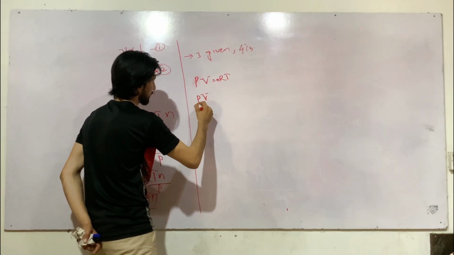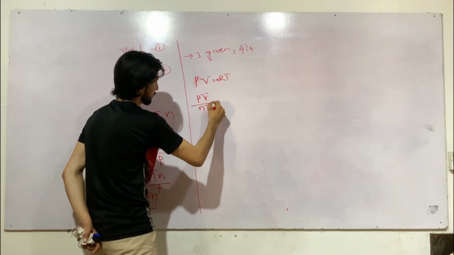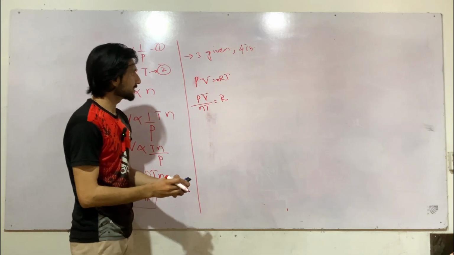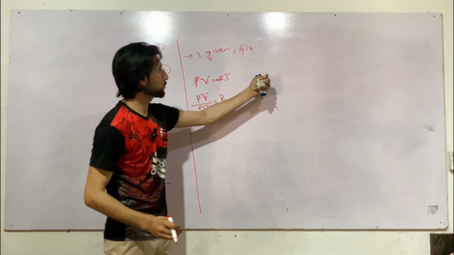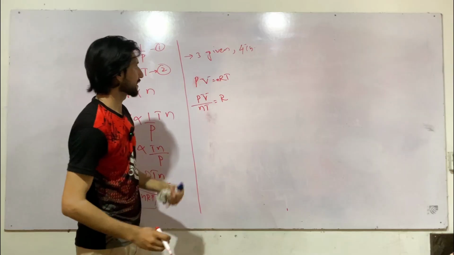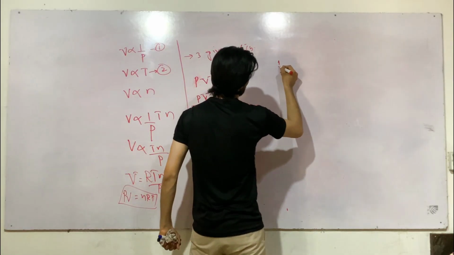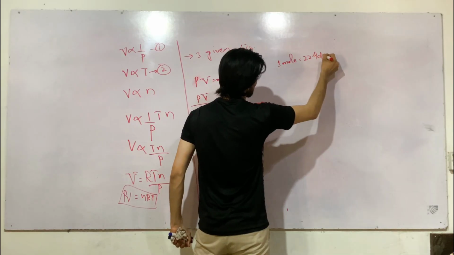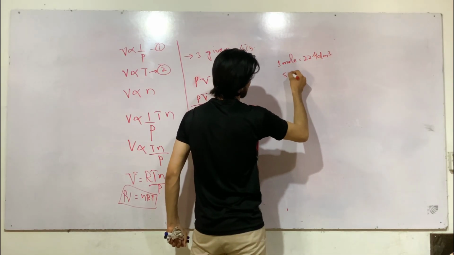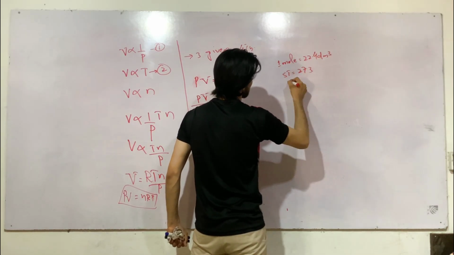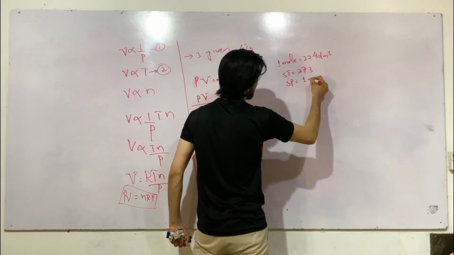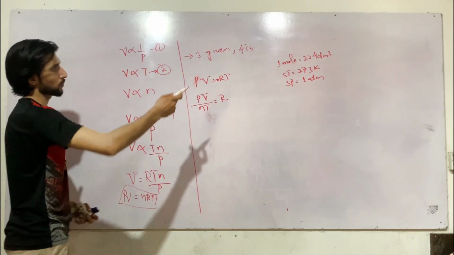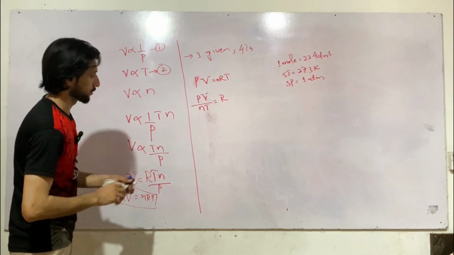So PV over nT is equal to R. Just a few moments earlier, we discussed that 1 mole of every gas occupies 22.4 decimeter cube at standard temperature and standard pressure. Now if I put all these values in, I can find the value of R.